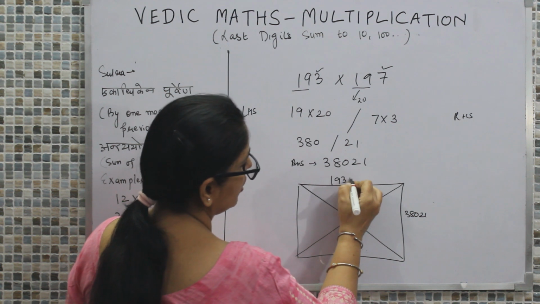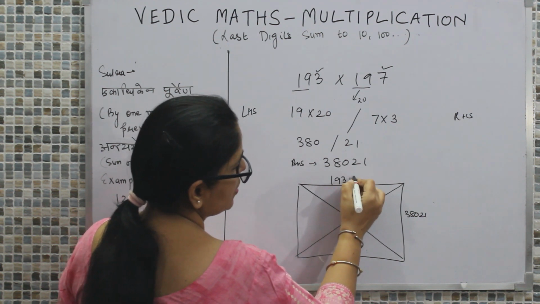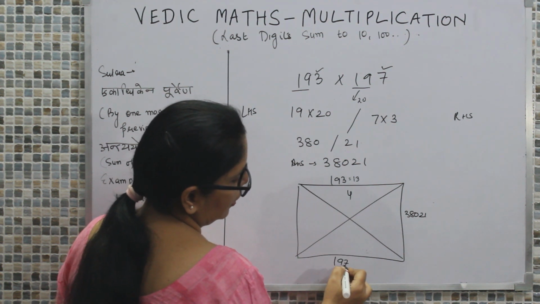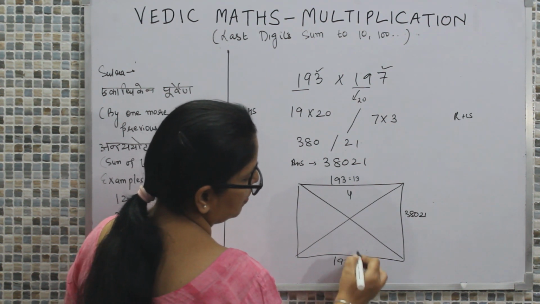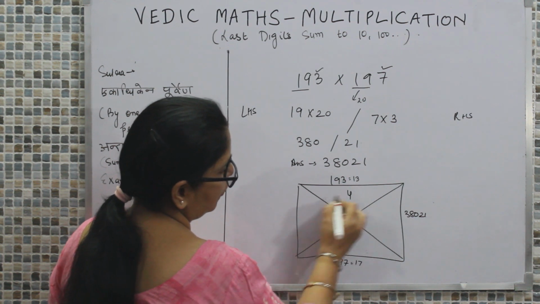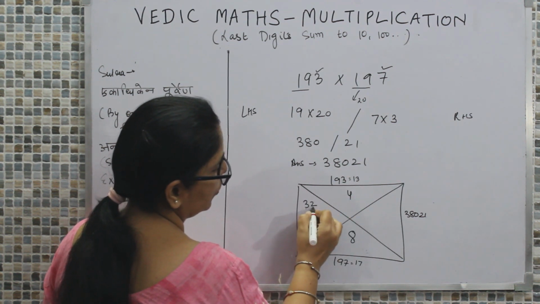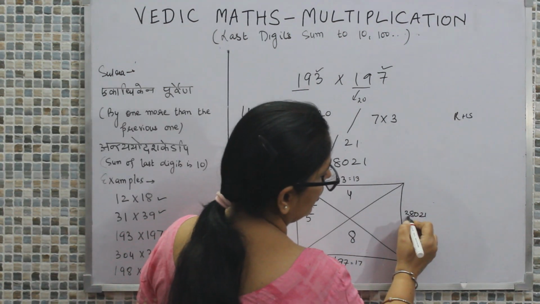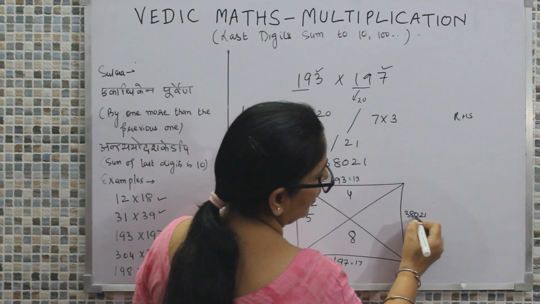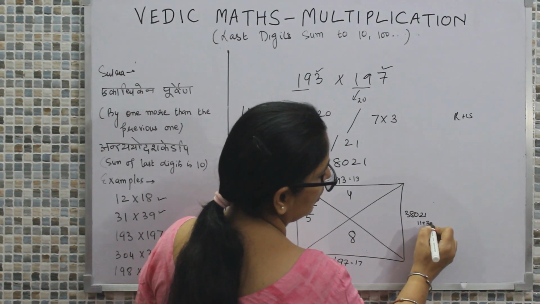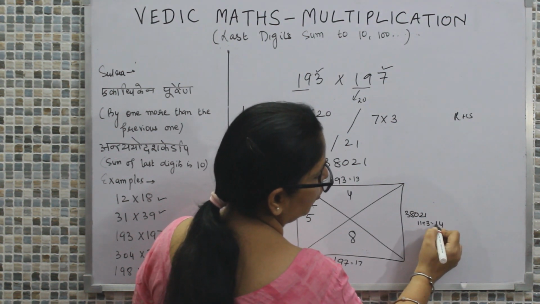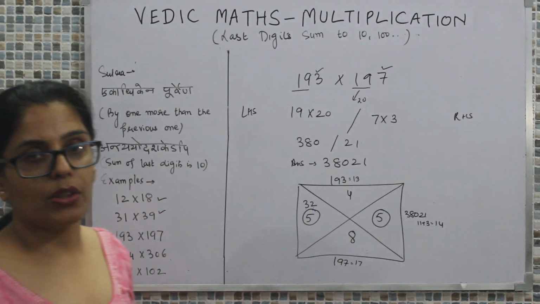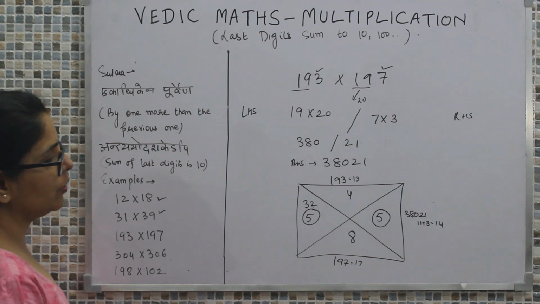Let's calculate the digital sum. 9 plus 1 is 10, 10 plus 3 is 13, 3 plus 1 is 4. 9 plus 1 is 10, 10 plus 7 is 17, 7 plus 1 is 8. 8 4s are 32. 3 plus 2 is 5. Here we have 3 plus 8 is 11, 11 plus 3 is 14, and 4 plus 1 is 5. The digital values are matching. Hence we have done it right.